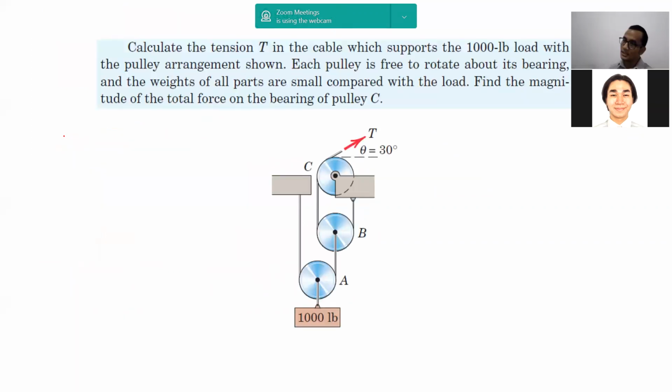Okay, next. This is the next problem that we want to solve. It's about a pulley. Let us read the problem carefully first, and then we will solve this together. I want you guys to read the problem carefully, then try to understand the question that is asked in the problem.